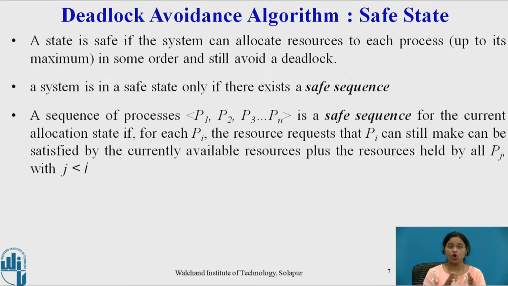These processes are executing in a safe sequence, P1, then P2, then P3, then P4, and so on, if and only if the system is able to satisfy the request made by process P2 while P1 holds some resources, and process P2 can still satisfy its resource request.